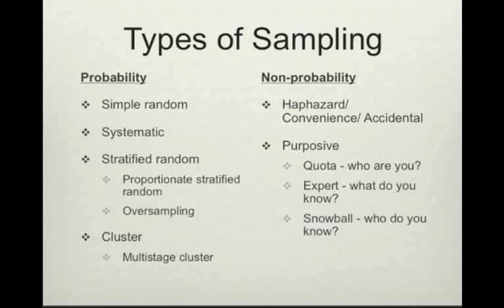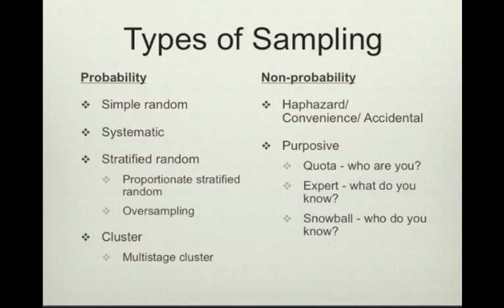Stratified random sampling is very similar to simple random sampling, except you put people in groups first. And this is to ensure that you sample from all of the different subsections of your population. So if we're looking at college students, we could do a simple random sample for everybody at Georgia State and just pick names out of a hat.